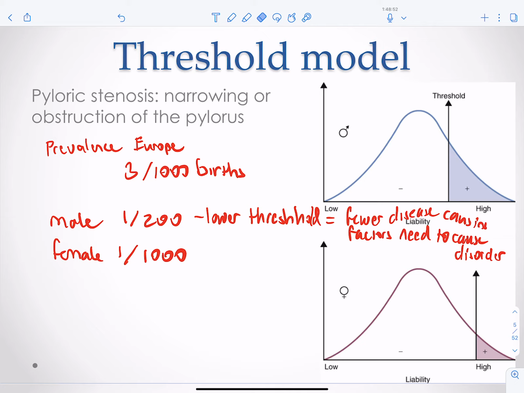This has an impact on first-degree relatives. If you have a male with pyloric stenosis, the relatives have a lower threshold of getting the disease.